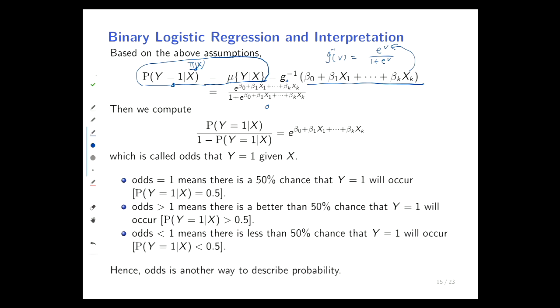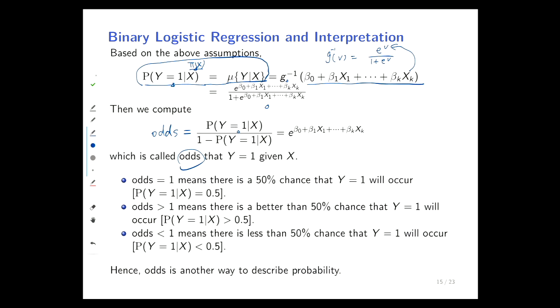We are interested in this probability because later we are going to use it to interpret the model. So what's the meaning of the model? In order to interpret the model here, we introduce a new concept called odds. The odds is equal to the probability that y equals 1 divided by 1 minus the probability that y equals 1.